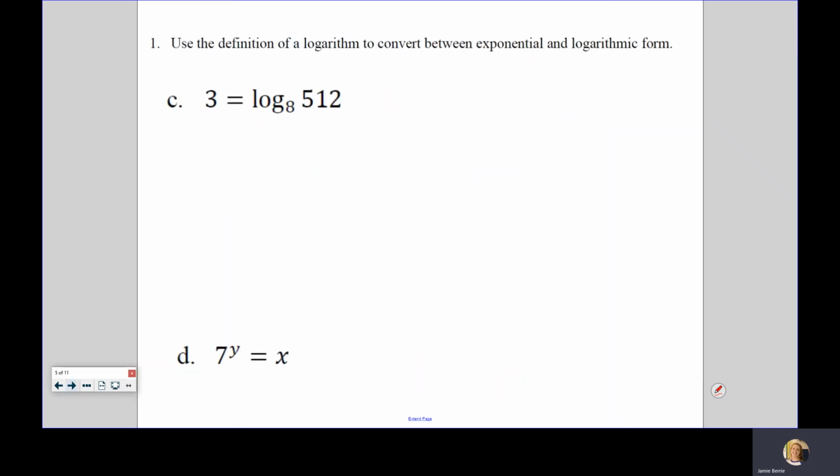Okay. Try the next two on your own, see if you can convert those to the other form. 3 equals log base 8 of 512. I wanted to point out here, notice how I didn't put the parentheses around the 512. That's fine. You don't have to put the parentheses unless you have some kind of expression in here like 512 plus x or 512 minus x. But if you'd like to see the parentheses, you can put them around the 512.